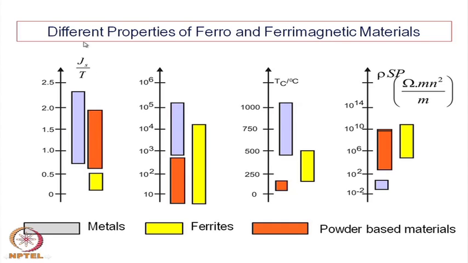This is saturation magnetization, this is the Curie temperature, and this one is the resistivity. Now, the most important in this case is what is the resistivity value. Because metals have a very low resistance, whereas ceramics have a high resistance, and it is this property which is much more attractive from the application point of view.